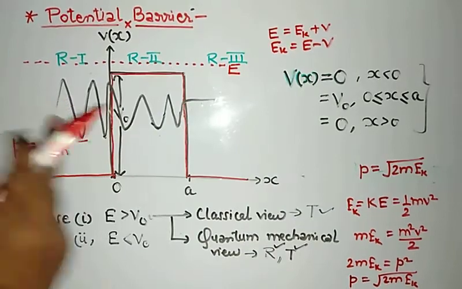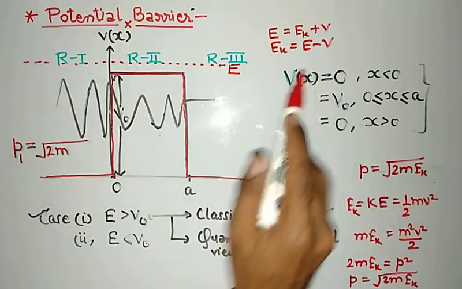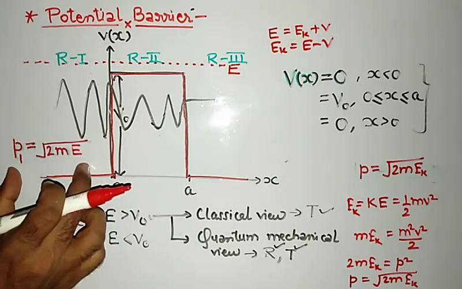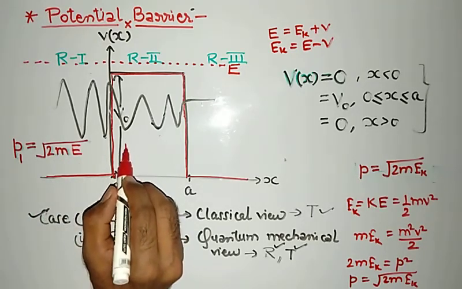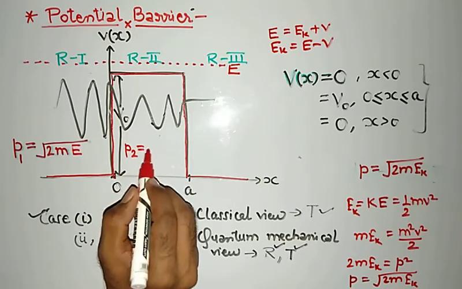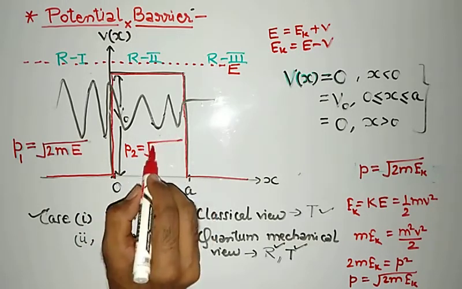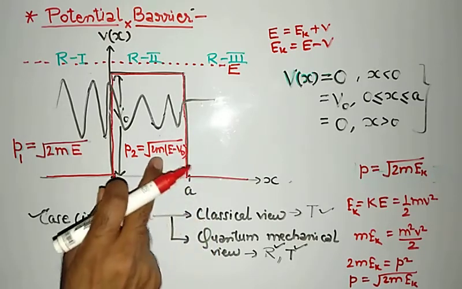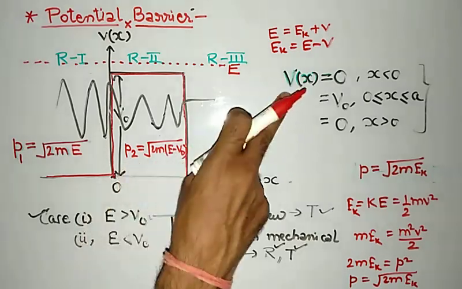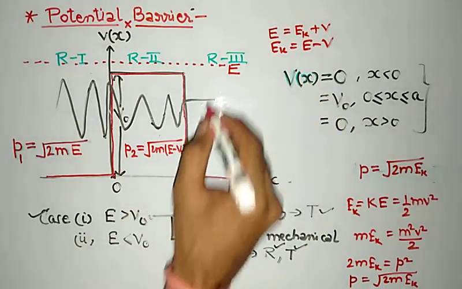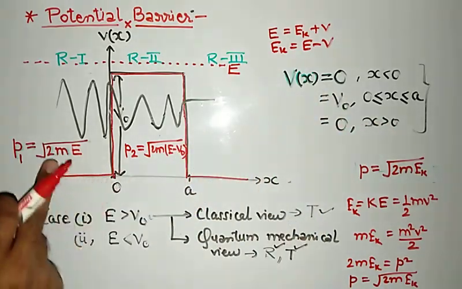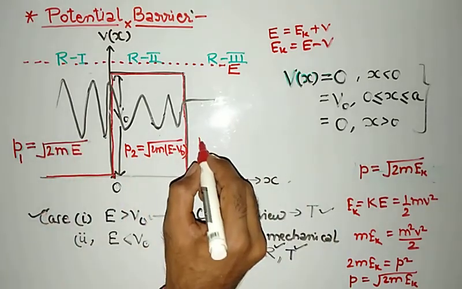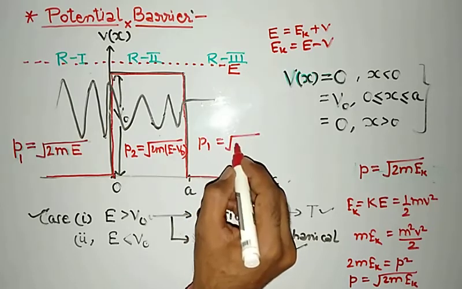So here potential is 0 for x less than 0, so this will be under root 2mE for region first. For region second, particles have momentum under root 2m(E minus V naught), because in this region V is V naught. And for the third region, again this is equal to this, because V is again 0, so we can write again P1 is equal to under root 2mE.